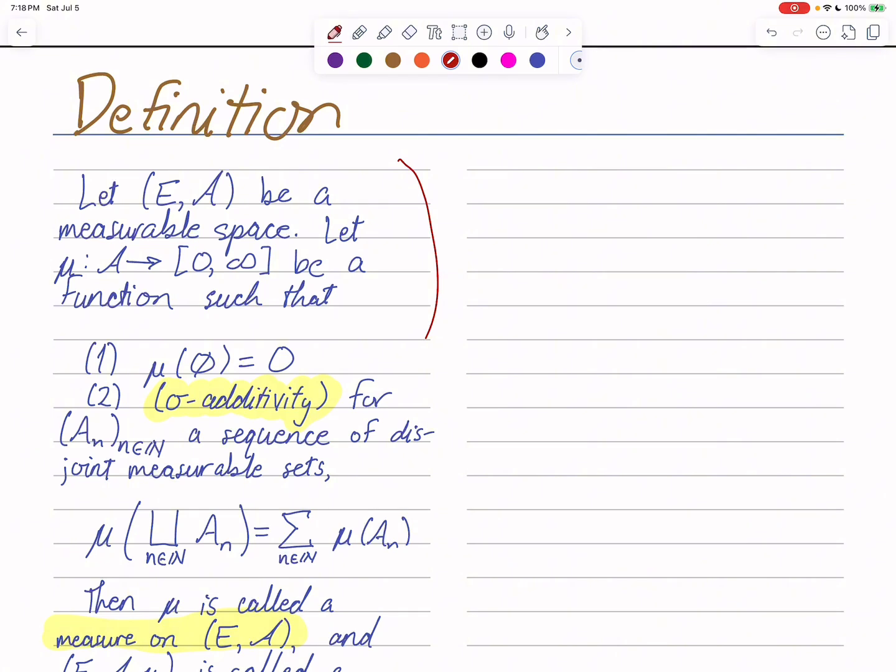So we're going to present the notion of a measure function in more generality than we need for that specific goal of measuring sets of real numbers.